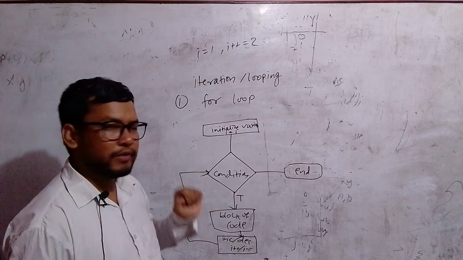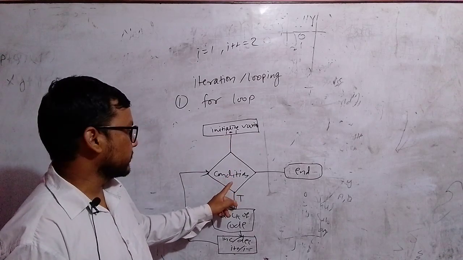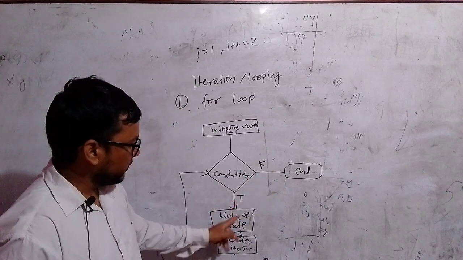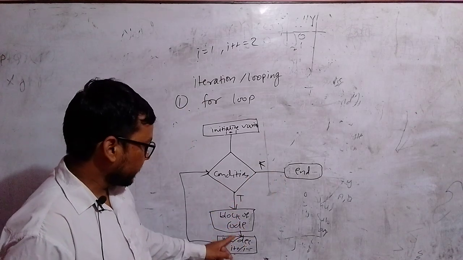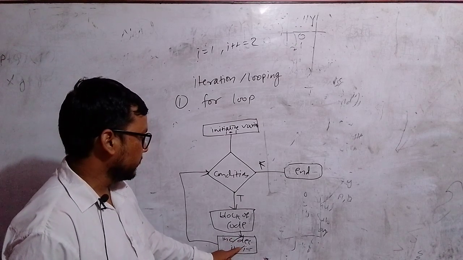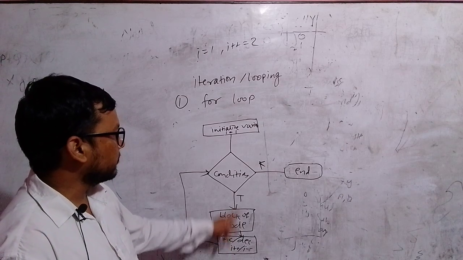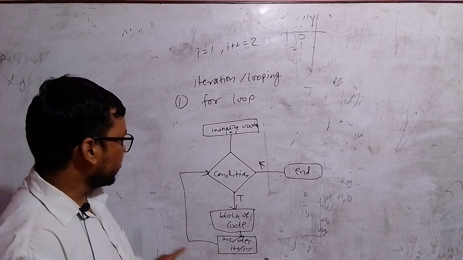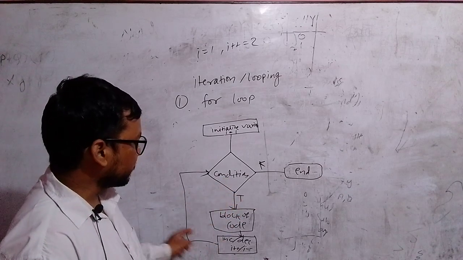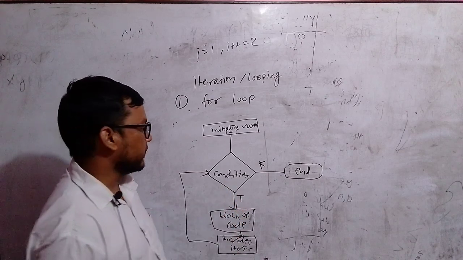For a for loop, we need to initialize the variable, let I is equal to 1, and we need to check the conditions. If this condition is satisfied, then the block of code will execute and the increment or decrement operation occurs, and again after the increment or decrement of this initialized variable we need to check the condition. If the condition is true, it will repeatedly perform these operations until the condition gives a false result.